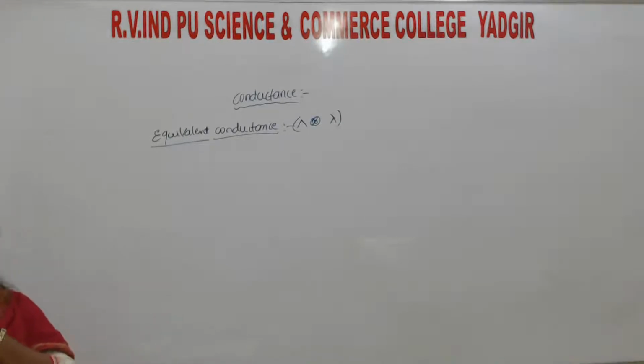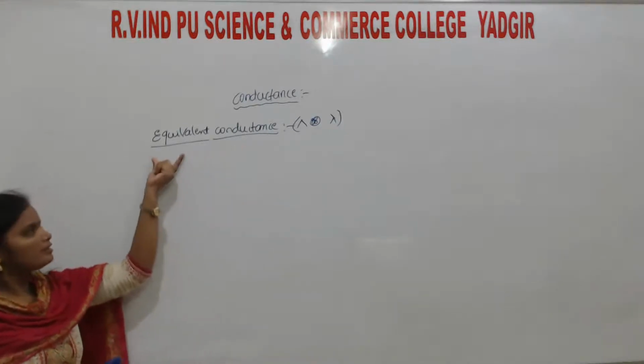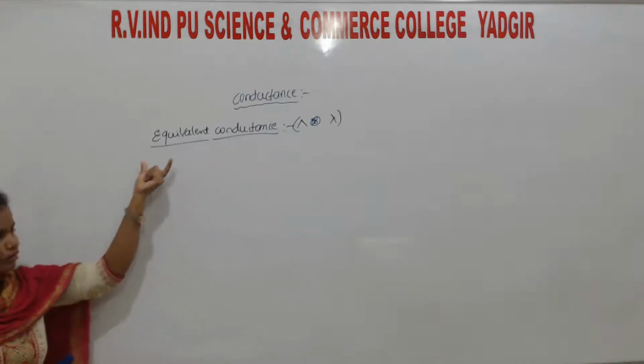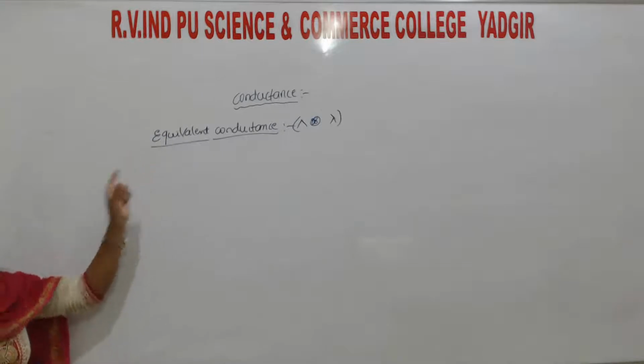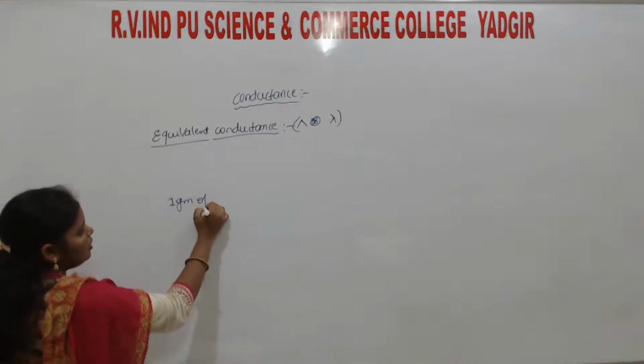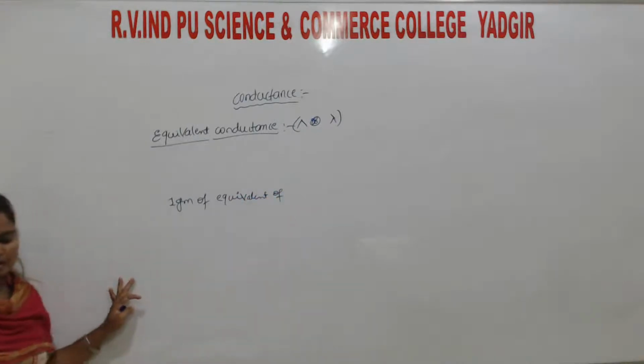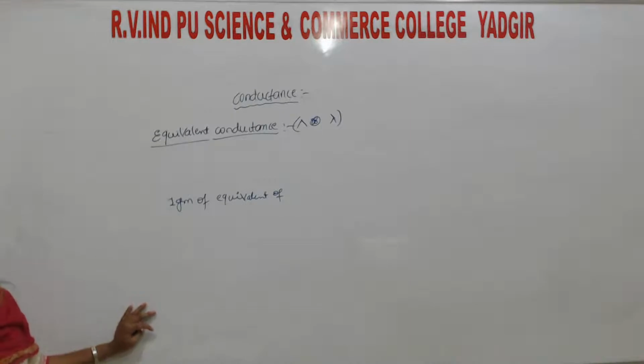Here, the equivalent conductance is defined as the conductance of an electrolyte obtained by dissolving 1 gram equivalent of an electrolyte in water.